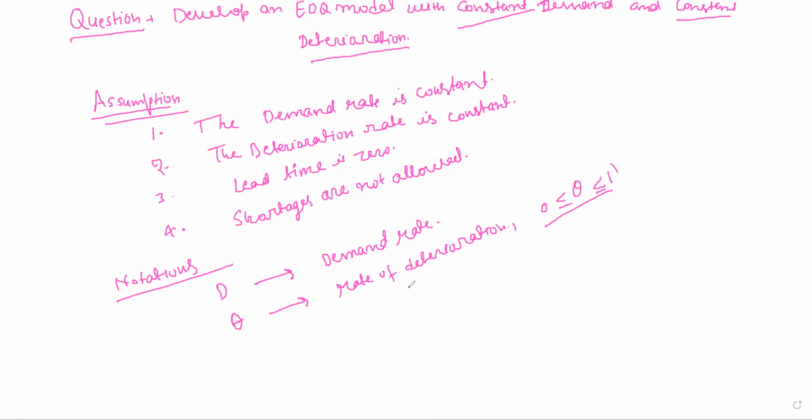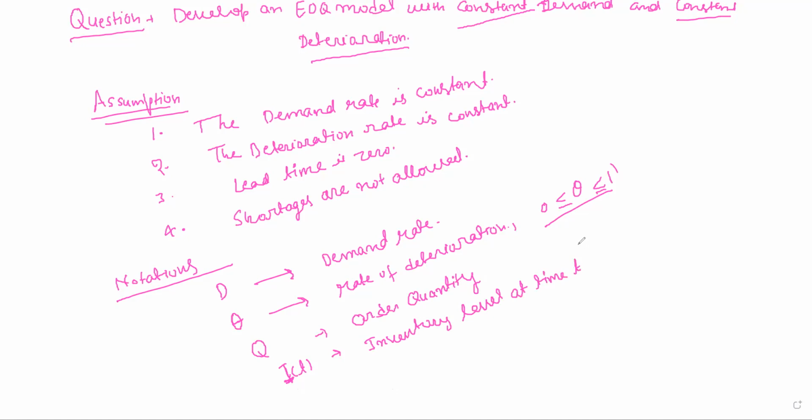Now since we have an order model, Q denotes the order quantity. And the next one, there is some inventory level in a particular time interval, at a particular time t. So we can write it is the inventory level at time t.